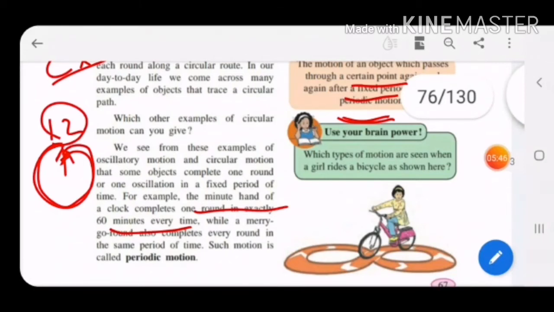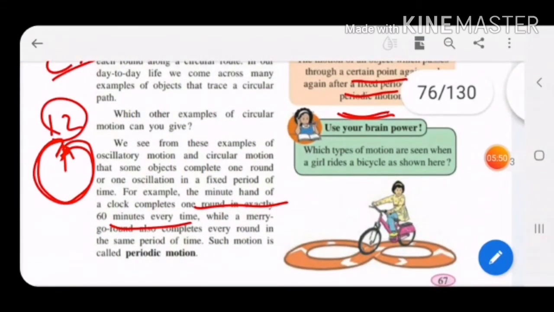In the clock, the minute hand completes a round after exactly 60 minutes only, not 70 minutes, not more or less than 60 minutes. So exactly 60, the time is fixed. After that it comes again to the same point. Similarly, the earth example I have also given. The earth completes one round around the sun in exactly 365 days, not more than that or less than that.